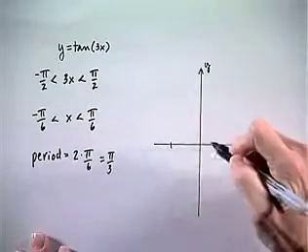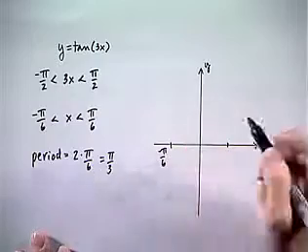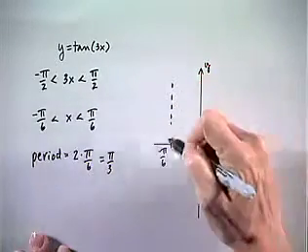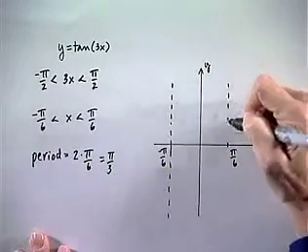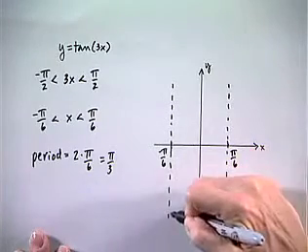So if we locate those two values on the x-axis, we'll call this one negative pi over 6 and this pi over 6, and draw vertical asymptotes at those, I can sketch the graph of the tangent.